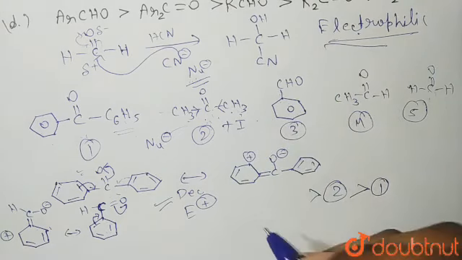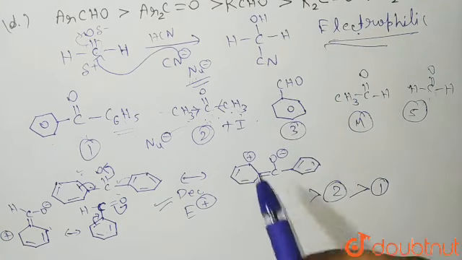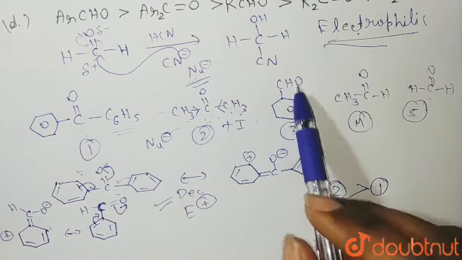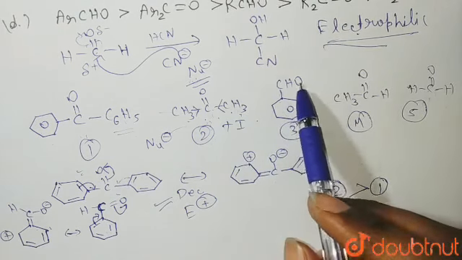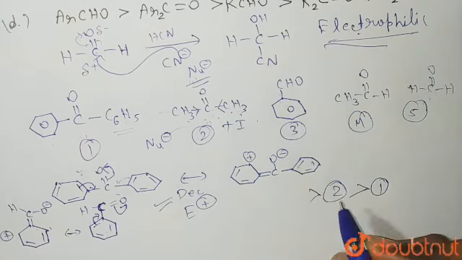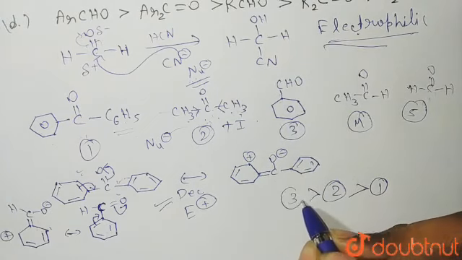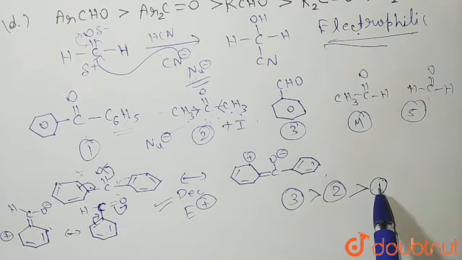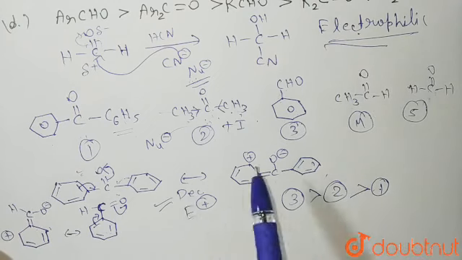So your order will be like this, 1 and 2, and your 3, that is ArCHO, that means benzene and CHO, benzaldehyde, will come after this. That means 3 will be more electrophilic than this and this. Okay? So I hope this is understood.